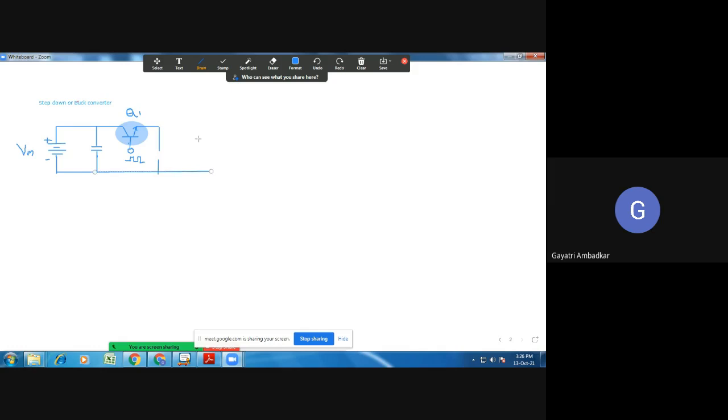We'll connect a diode here. What is the role of this diode? What is this diode called? We will learn it. This is called a freewheeling diode, indicated by DFW. Then there is a filter.